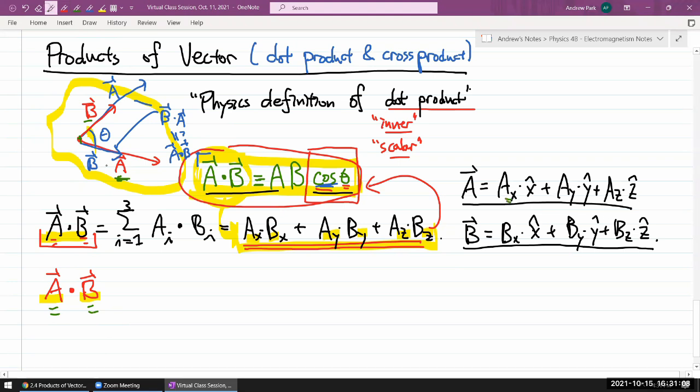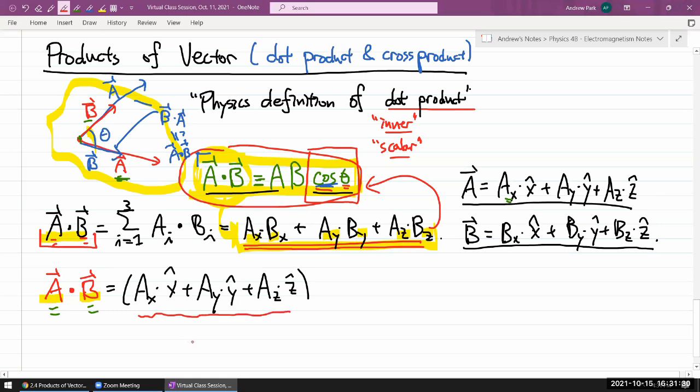I can write A as the component along x times x hat, plus the component along y times y hat, plus the component along z times z hat. That's my vector A. There's nothing wrong with writing it in this longer way.